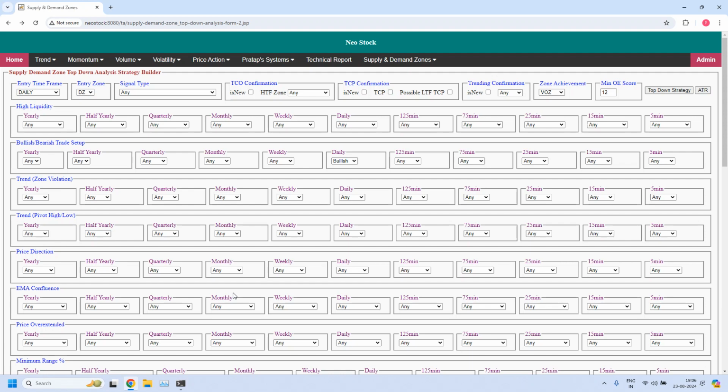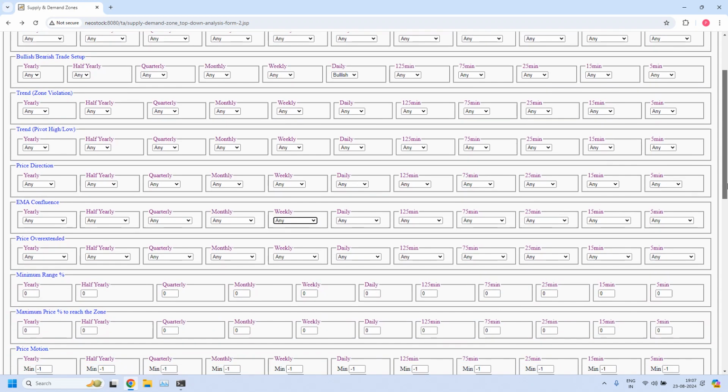Zone confluence, because your zone is LTF. Your LTF zone and monthly zone should have the confluence. So that kind of trade setup is required. Maybe for the previous stocks, you may not know how many of those LTF zones are having confluence with monthly. So that is the reason why we will look first for weekly. How many of the zones are having weekly demand zone confluence?